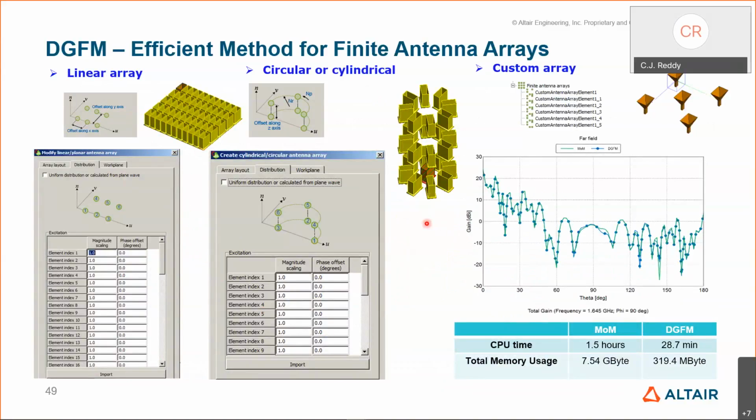So it doesn't need to conform to any type of regular configuration like we normally do with PBC. PBC requires that these are all spaced at a certain distance, whereas here they can be at any distance or in arbitrary configuration. Of course, saving the time, 1.5 hours to 30 minutes here, and 7 gigabytes to 320 megabytes here. So that's a good amount of savings in memory.